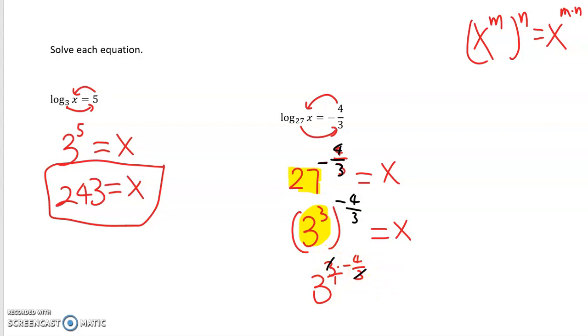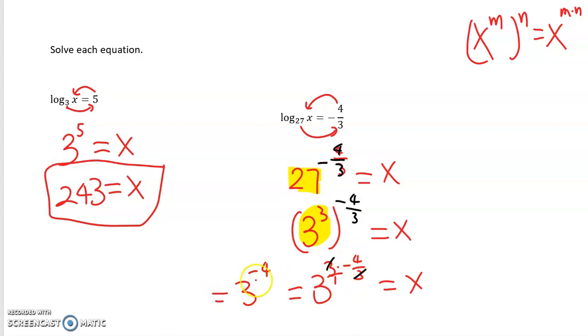So the exponent simplifies to 3 to the negative 4. Multiplying straight across, the top will be negative 4, the bottom will be 1, and negative 4 divided by 1 is still negative 4.